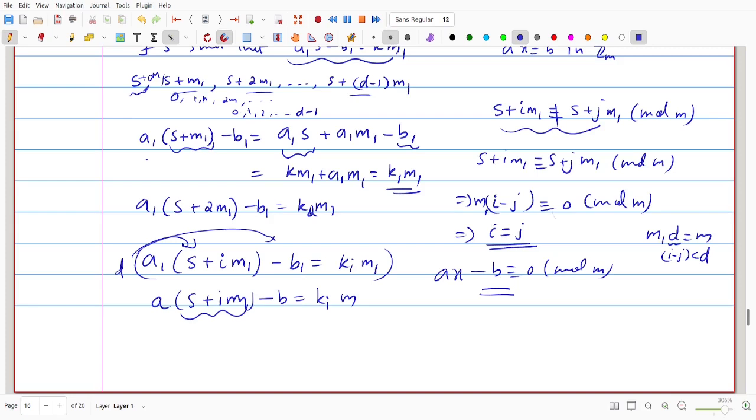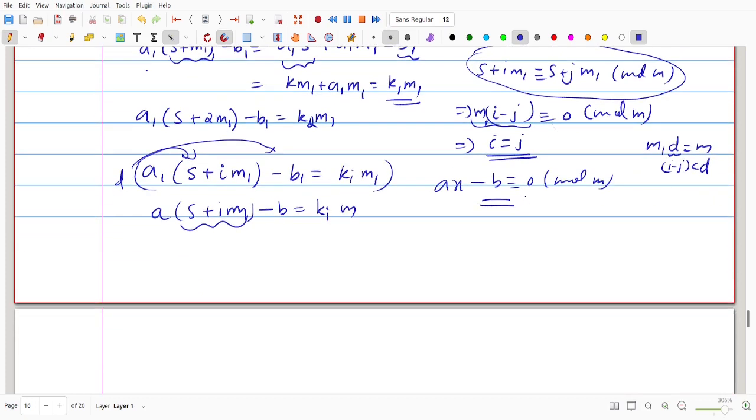So if i, j come from this set, then i minus j or j minus i is always less than d, so that never makes a multiple of m. So i equal to j is the only possibility to get 0. So we know that these are always incongruent, which shows that if d divides b, then exactly d solutions are there.